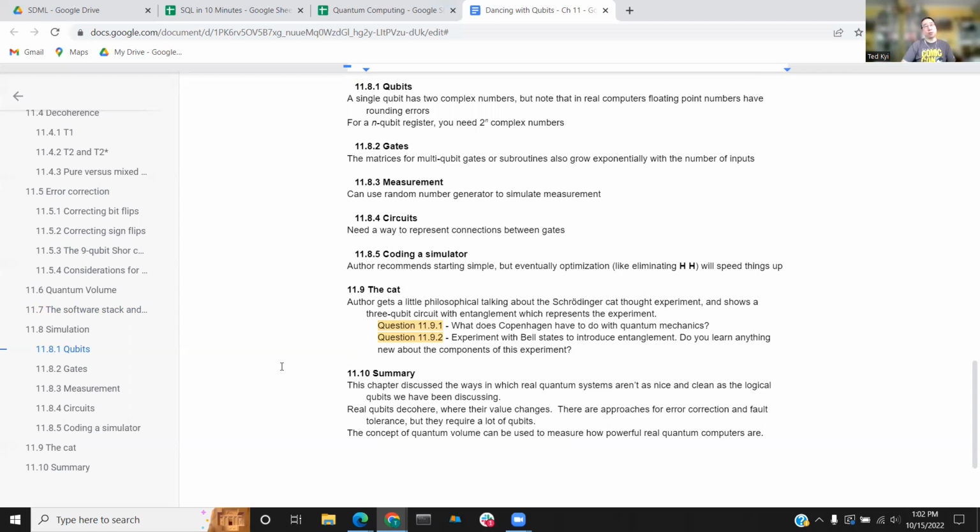If the last qubit represents the state of some animal that is going to die if we poison it, then prior to measurement, with this superposition of states, what does that really mean? Does it mean that the animal's both alive and dead?